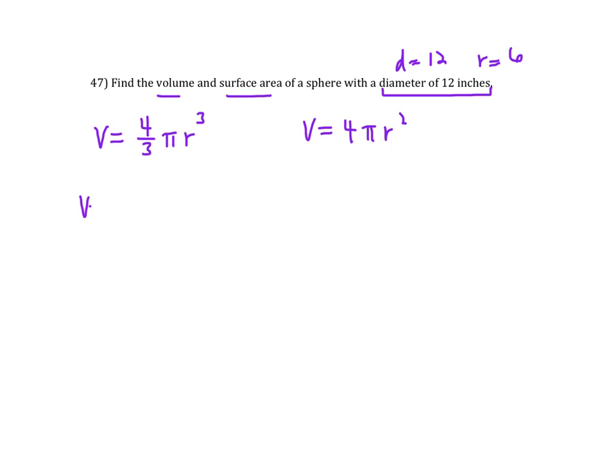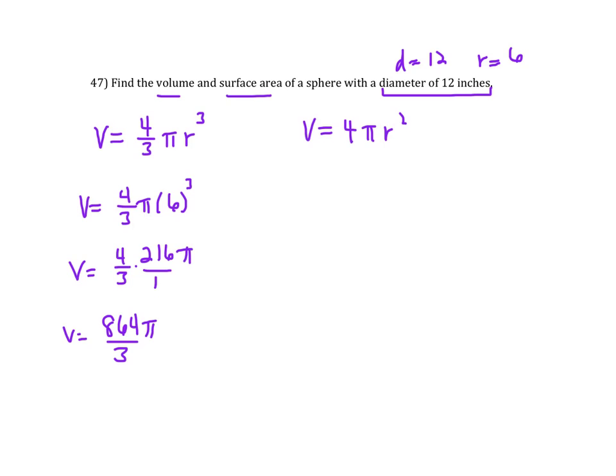So for the volume, we want to do 4/3 times pi times 6 cubed. 6 raised to the 3rd power is 216. So we're going to do 4/3 times 216 pi. Now you can multiply the 4 by the 216 if you want, and get 864 divided by 3, and we need a pi in there.